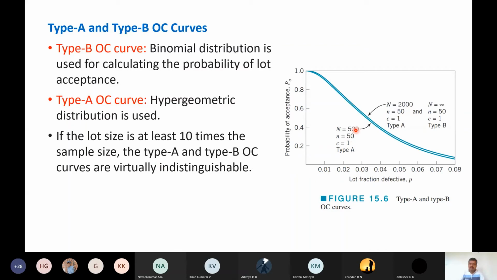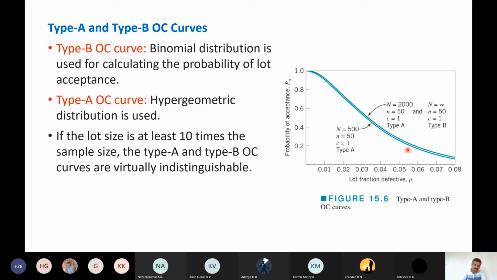They make a difference only when the sample size is larger compared with the lot size. Suppose instead of 500, you are taking 100 samples, then the type A and type B curves will have more difference. Otherwise they look similar. If it is more than 10 times, they will overlap with one another.